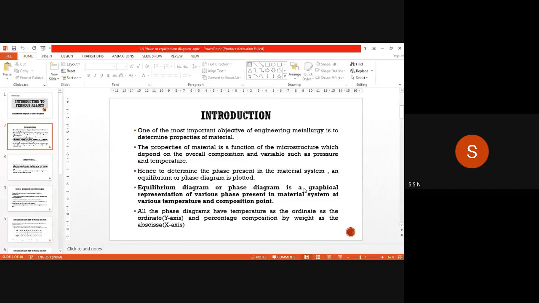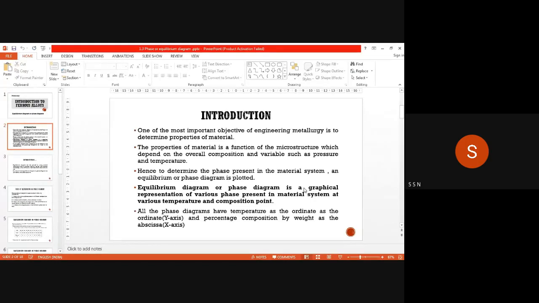We will again see a short introduction of the phase diagram or equilibrium diagram. One of the most important objectives in metallurgy is to determine the properties of material. So why is it necessary to study or plot the equilibrium diagram? Because we need to find out the properties of different materials.